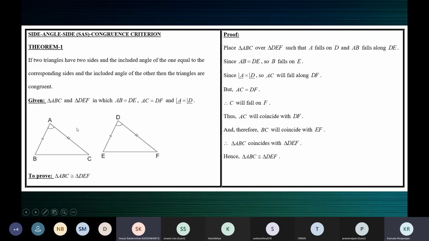I think your question is this. We are given AB is equal to DE, AC is equal to DF, and angle A is equal to angle D. I think your question is, why not AB equal to DE, BC equal to EF, and angle B equal to angle E, correct? Yes, ma'am. That's my question.